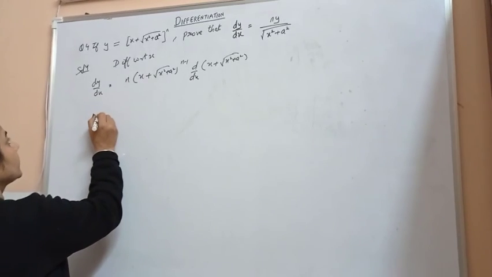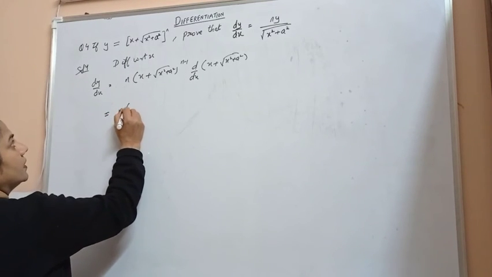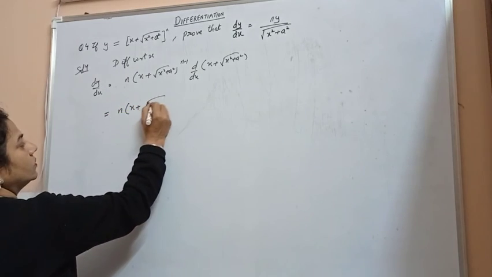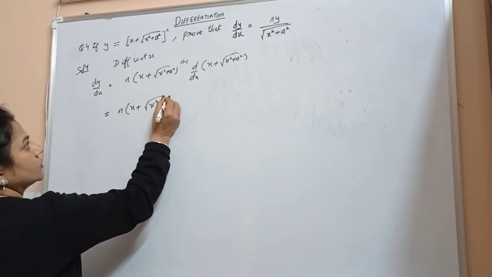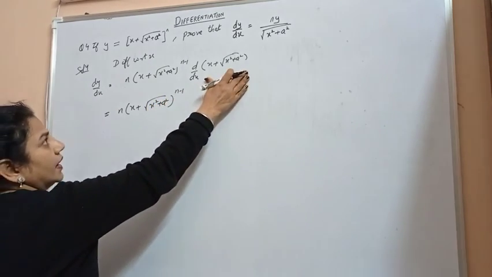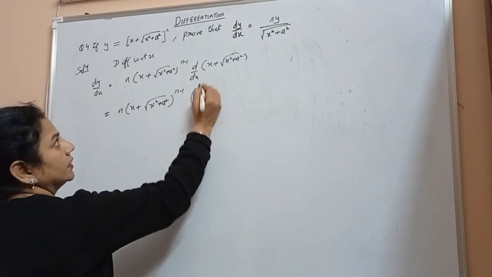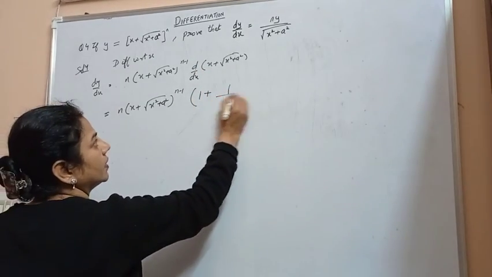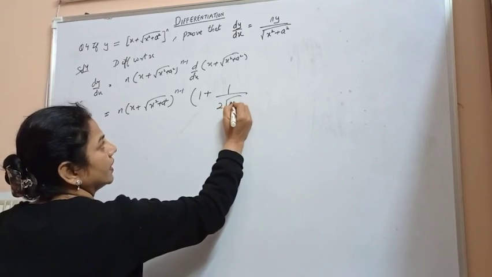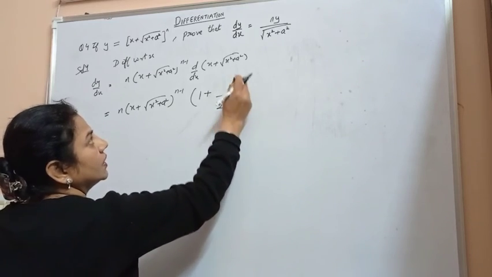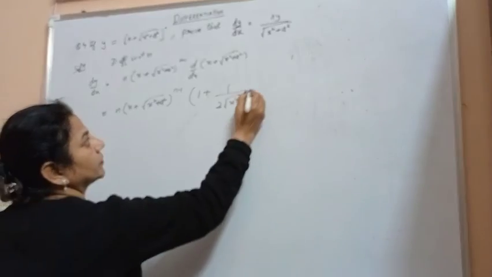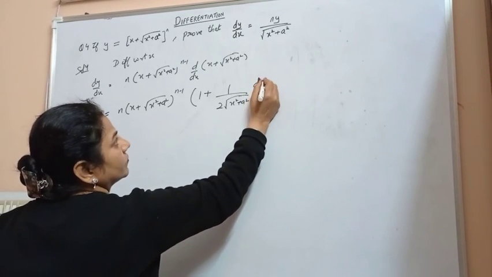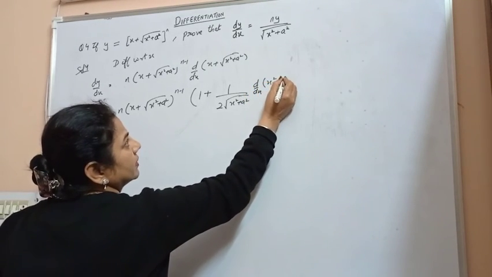So we have n x plus under root x square plus a square to the power n minus 1, and derivative of this function is, derivative of x is 1 plus under root x square plus a square is 1 upon 2 under root x square plus a square into derivative of x square plus a square.